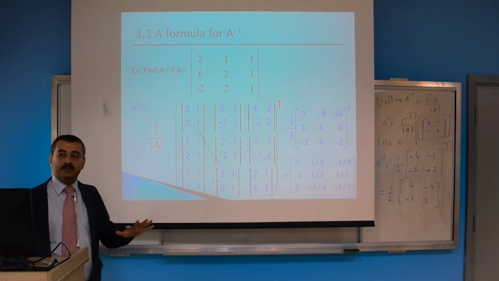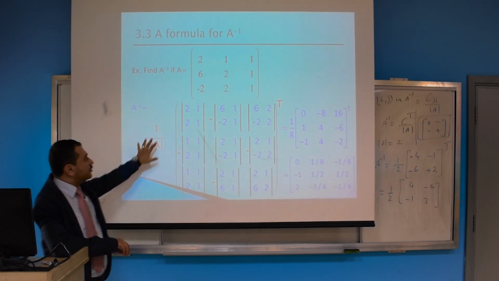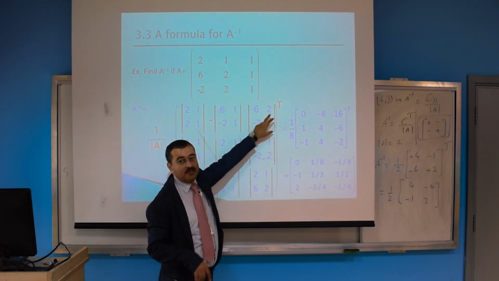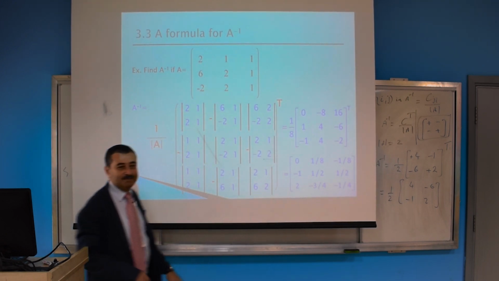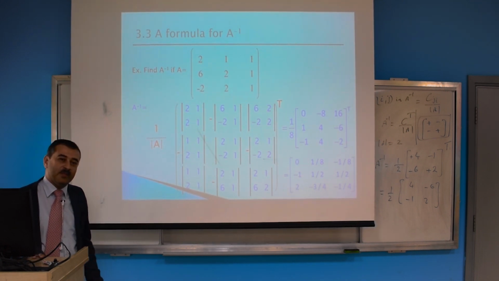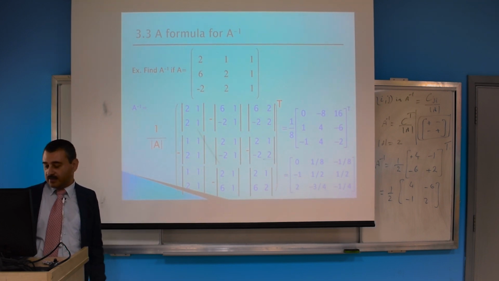Is it difficult? It's straightforward, but don't forget the determinant. Don't forget the signs. Don't forget the transpose. Okay? How to check? Multiply it by the original matrix and you'll get the identity.